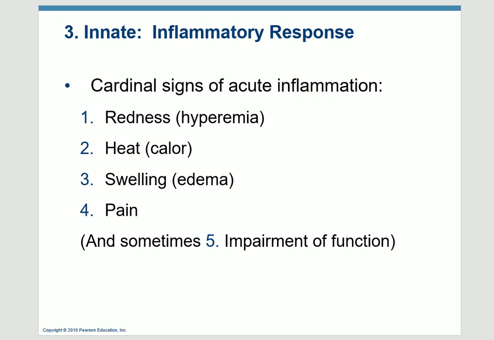So calor, heat; swelling, also known as edema; and then pain. And then also sometimes there's impairment of function as a fifth one. This is if there's too much swelling, you can't move. We're going to use the twist your ankle example. You're going to hurt, you're going to swell, you're not going to be able to walk on that foot while your ankle's swollen.